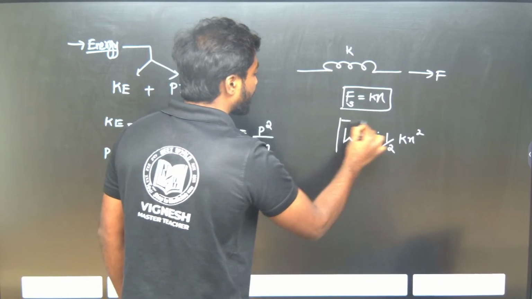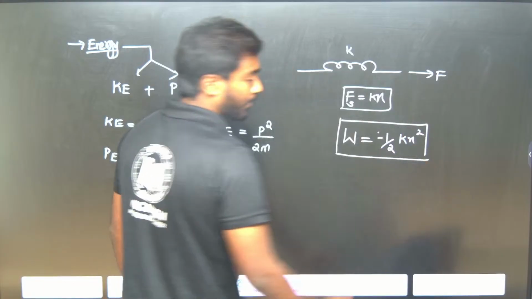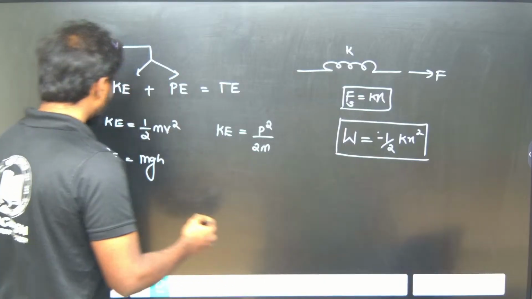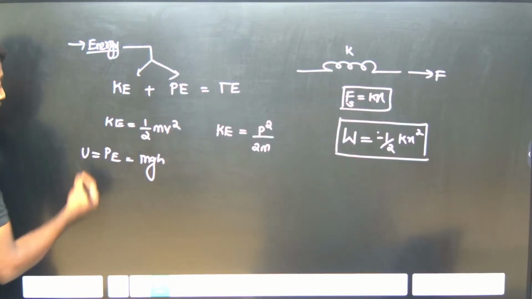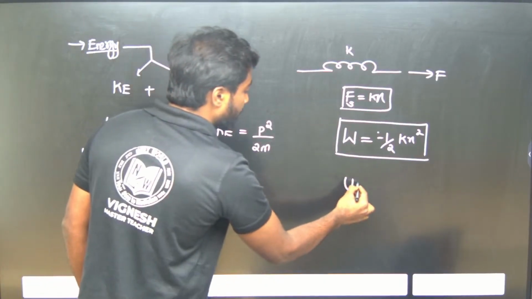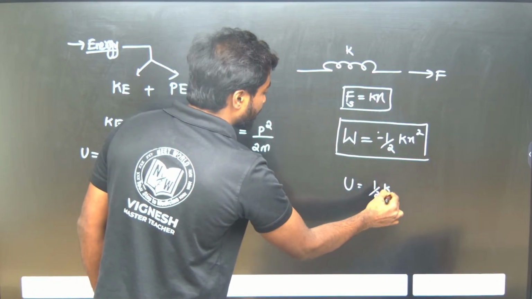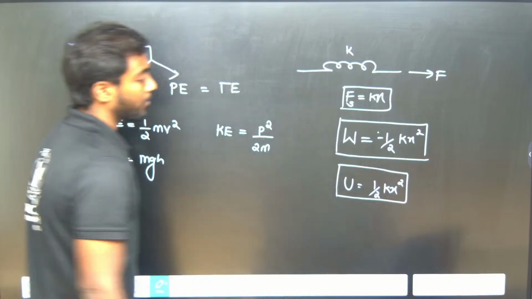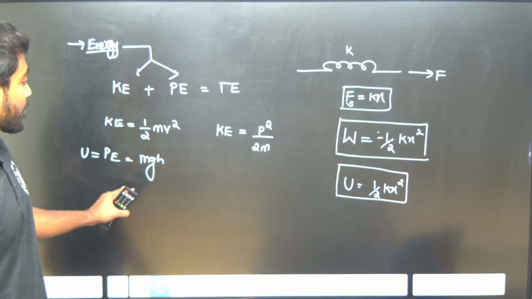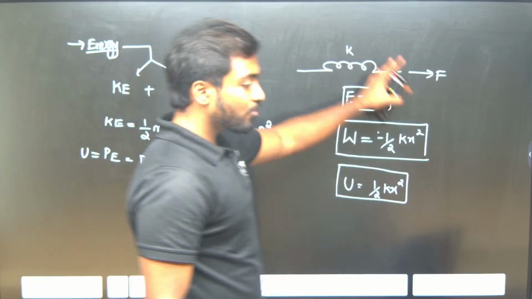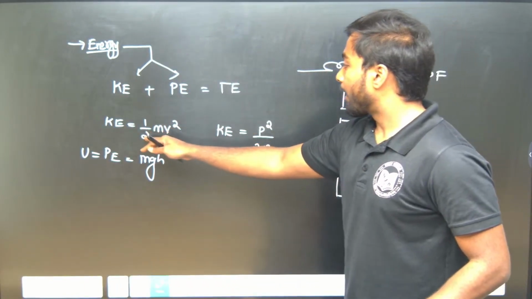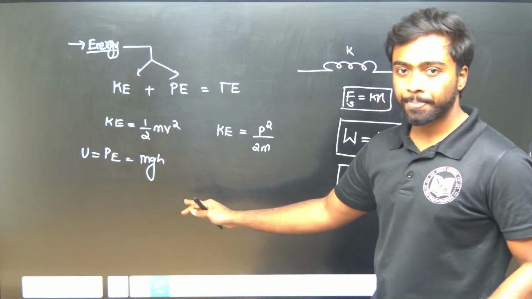This is the work done by the spring. Then what is the potential energy of the spring? Potential energy we usually denote by U, so U equals 1 by 2 k x square. So this is the thing in the spring, and these are the energy formulas, 1 by 2 m v square and m g h.